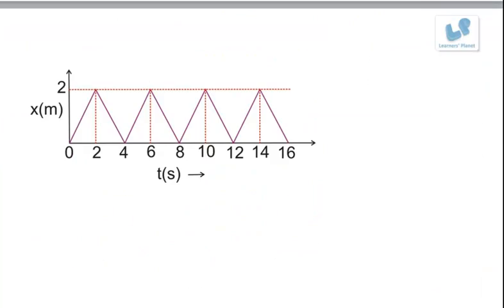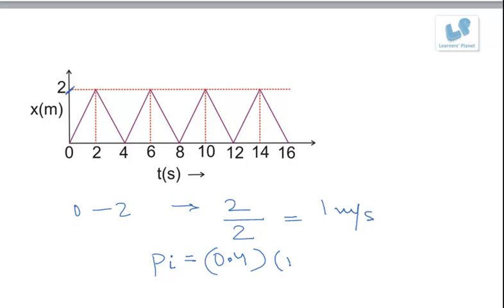For the distance that it travels 0 to 2, the distance traveled is 2 meters and the time that it takes is 1. So the speed is 1 meter per second. So its initial momentum can be written as 0.4 into 1, that is 0.4.